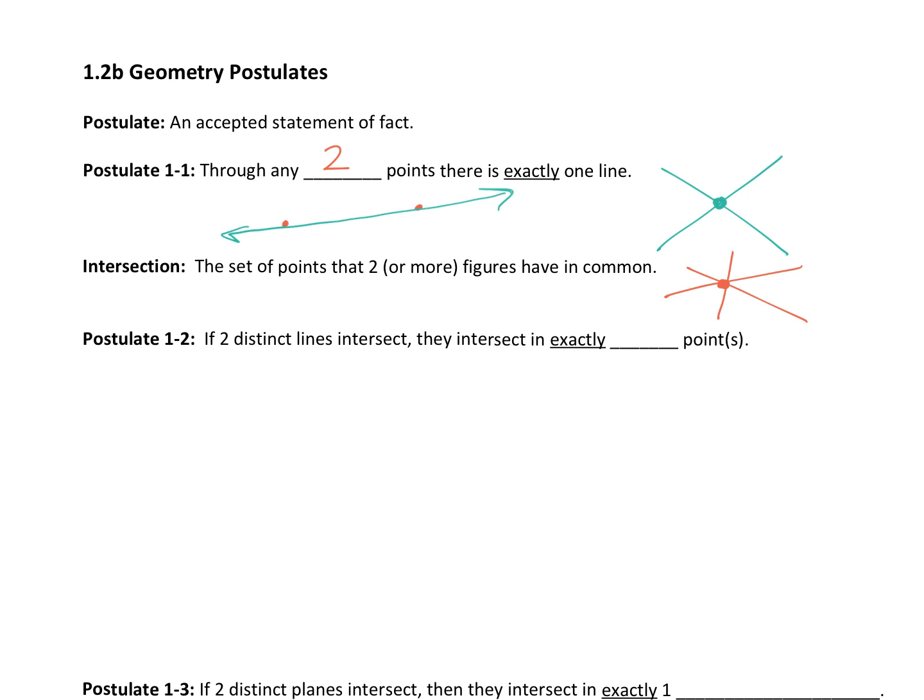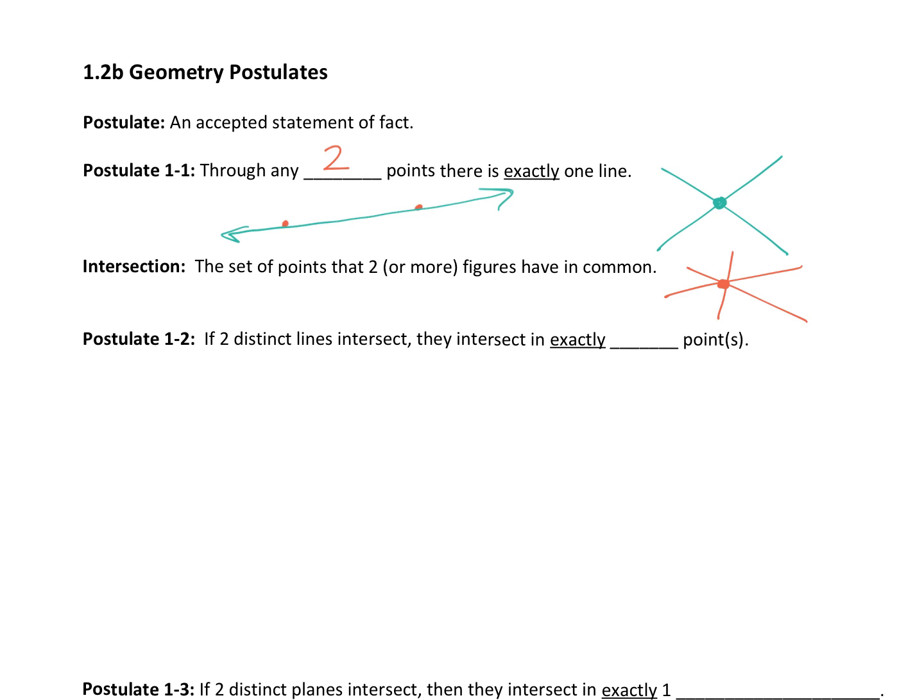Then we have another postulate, and it is postulate 1.2. Postulate 1.2 says if 2 distinct lines intersect, they intersect in exactly blank point or points. So if 2 different lines meet, how many points do they meet at? Just 1.